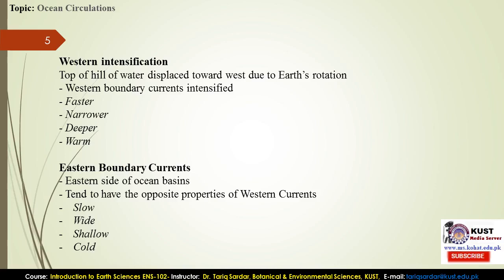If we look at the properties of these currents, the warm currents are faster because they have low density. The cold ones will obviously flow slowly due to their high density. So these are the other currents.